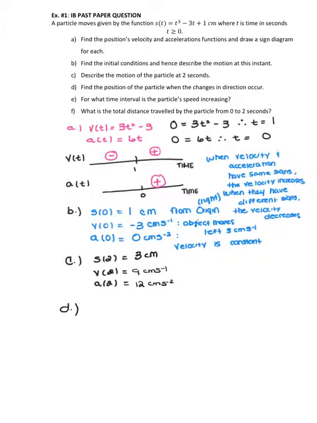The particle to the right of 1 and to the left of 1, that's when it changes direction. So if I plug in 1, not for velocity, but for my position function, I get the position of the particle when the changes in direction occur. Where is this object at 1 second? Does that make sense?